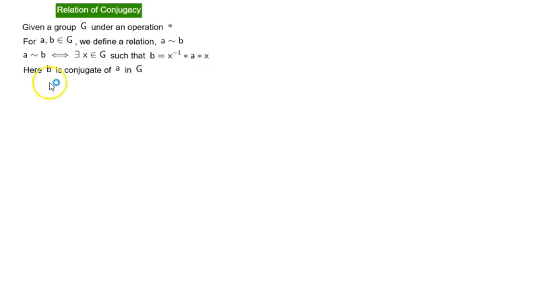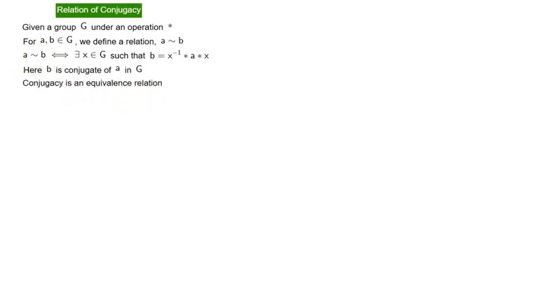Given a group G under an operation star, for A, B in G, we define a relation: A relates to B if and only if there exists an element X in G such that B is equal to X inverse times A times X. So here B is a conjugate of A in G. That's how we read this.